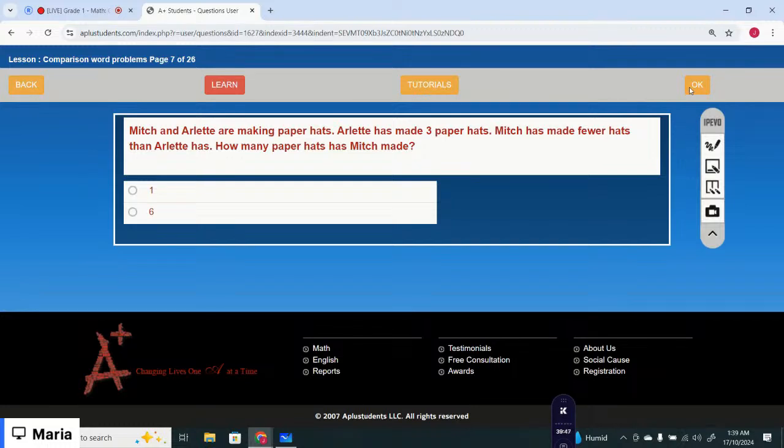Mitch and Arlette are making paper hats. Arlette has made 3 paper hats. Mitch has made fewer hats than Arlette has. How many paper hats has Mitch made? So which is the correct option?